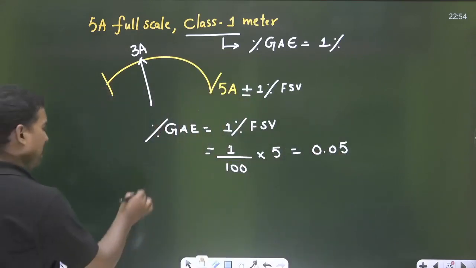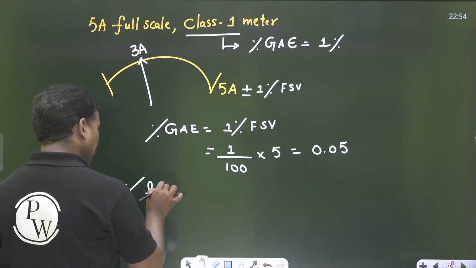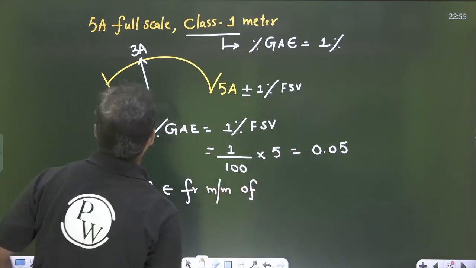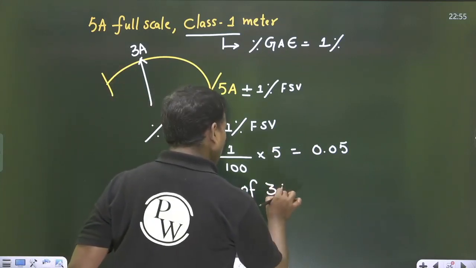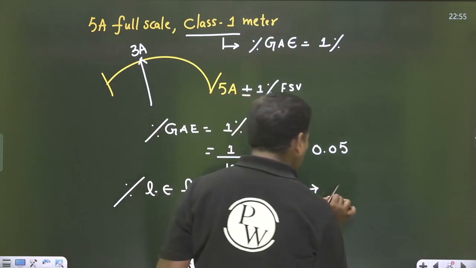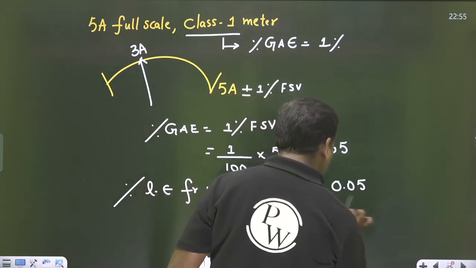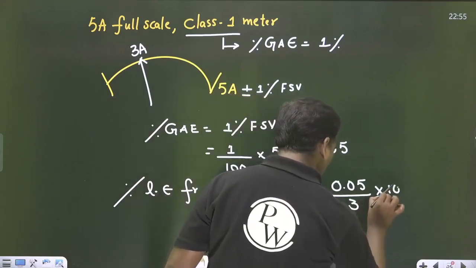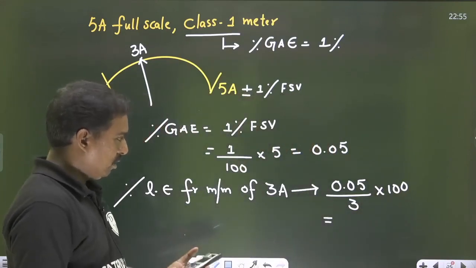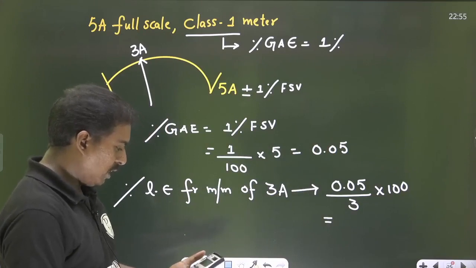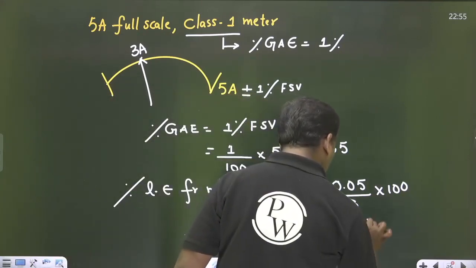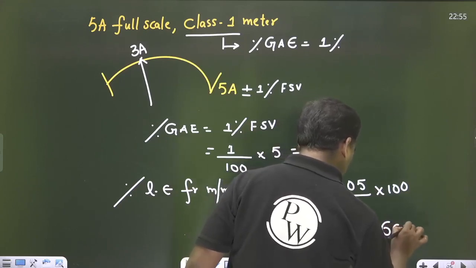Now, what is the percentage of limiting error for measurement of 3 amperes? The error will be 0.05 divided by 3 amperes times 100. So 5 by 3, it is coming as plus or minus 1.66.